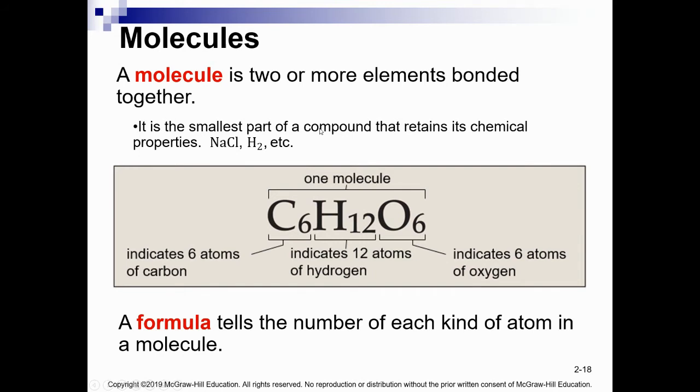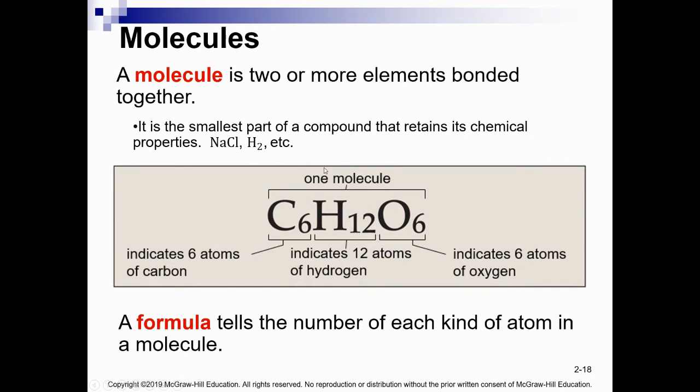The word compound is used if I have multiple elements, and molecule is usually talking about the same element, but really this distinction has kind of fallen out of favor. This is a molecule of glucose here. It is a compound because it has different elements, but we can refer to that as one molecule of glucose, not one compound of glucose.